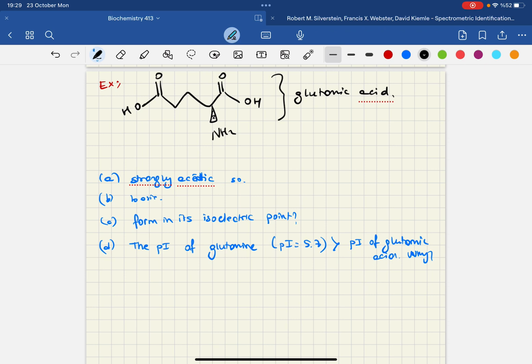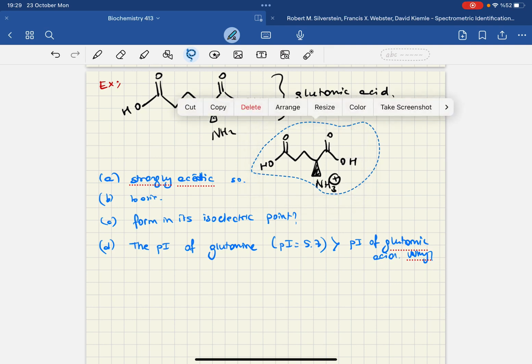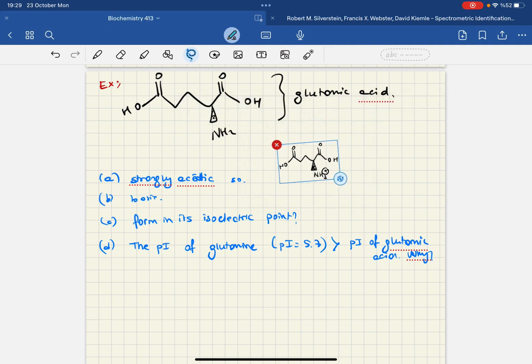So first of all, the first one is really easy. What will be in strongly acidic solution? All of the groups will be just protonated, and therefore we will just have all of the groups protonated, and this will be our answer. What will be its form in really basic condition? Let me put the solution over here, smaller.